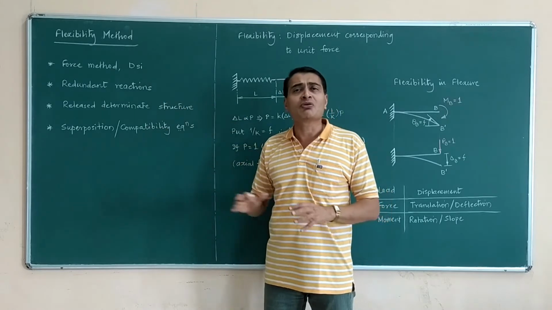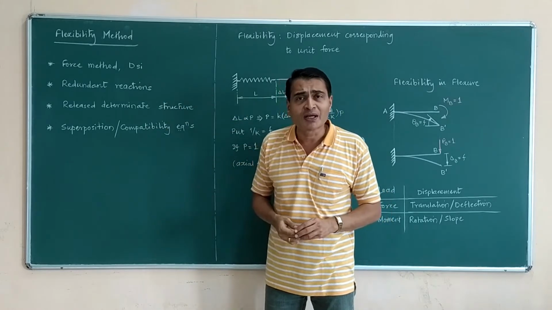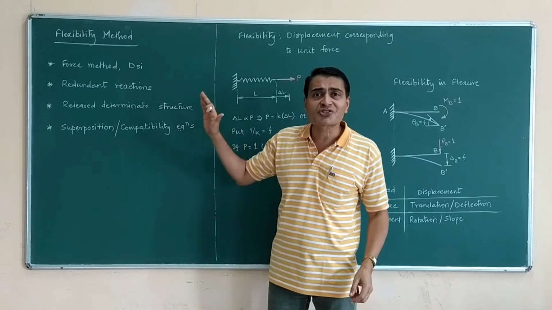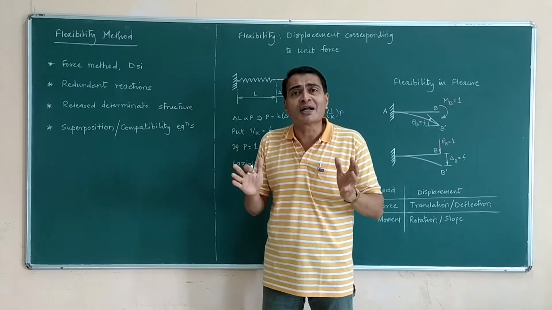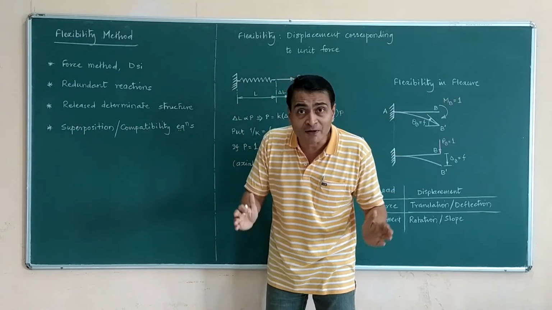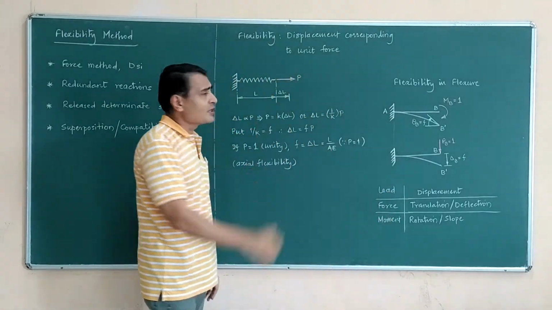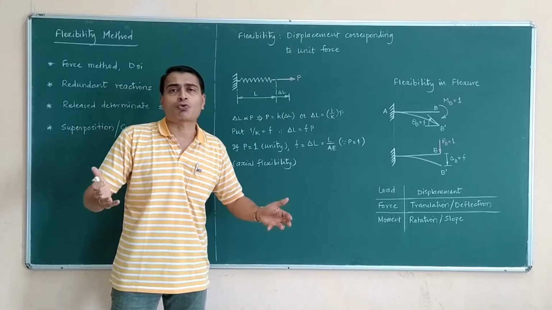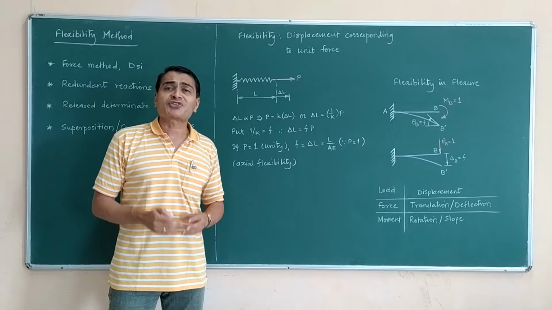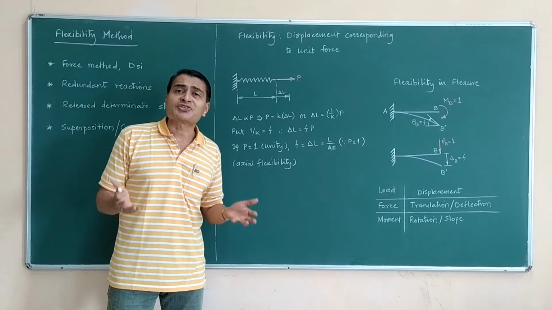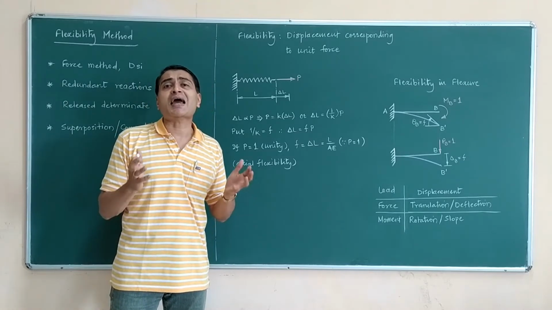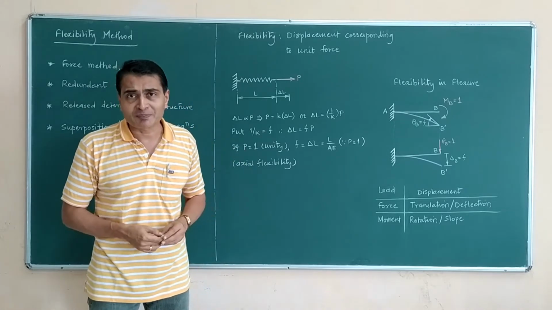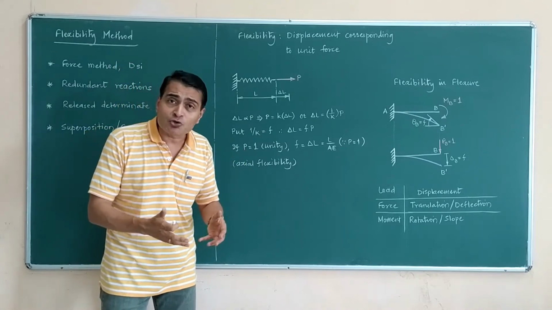This is of course a very brief introduction, and when we actually solve a numerical example, all these steps or all these fundamental ideas will become absolutely clear. Here I am trying to define what is flexibility first of all. So what is stiffness? We are aware. Stiffness is the action corresponding to unit displacement. This is exactly opposite.